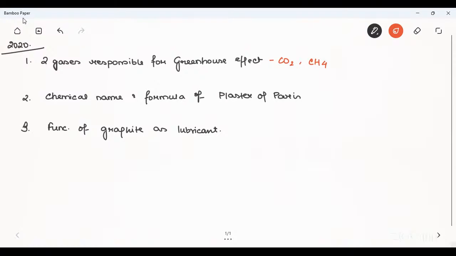And due to deforestation, decomposition of limestone and burning of fossil fuel, carbon dioxide concentration is being increased.